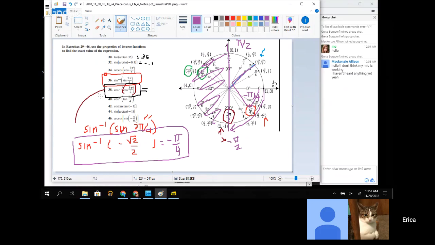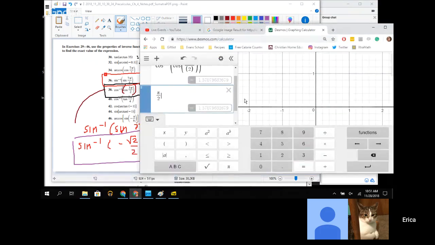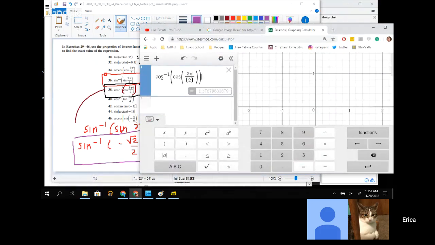So then again, if you would type this into a calculator, the inverse sine of the sine of 7 pi divided by 4 is negative 0.785.